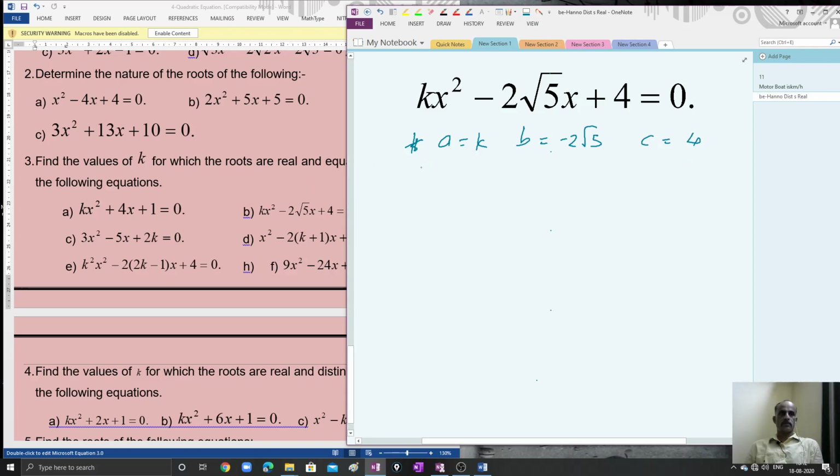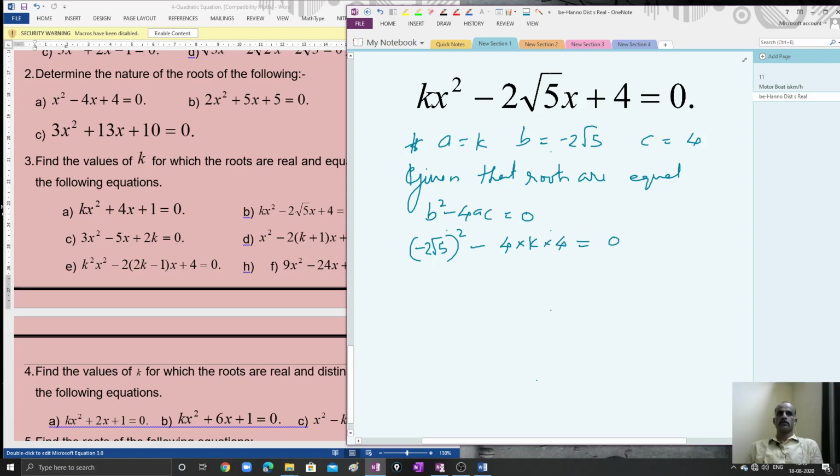So here, what is given? Roots are equal. What does that mean? That means b square minus 4ac should be equal to 0. Then minus 2 root 5 whole square minus 4 into k into 4 is equal to 0.